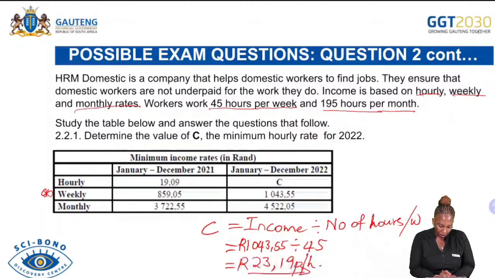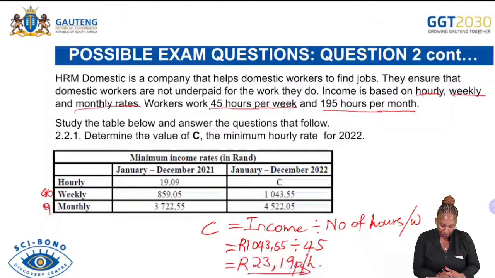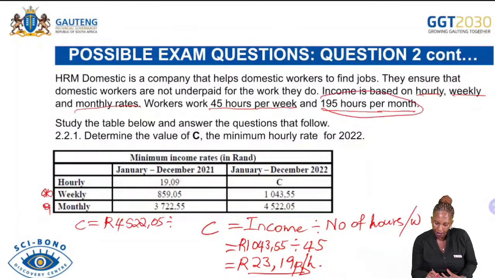Now let's use the monthly one, and see if we can still get the very same amount. If we use the monthly one, we can say C is equal to the income. I want to rewrite it. It will be the income for 4,522 rand 5 cents, and then we divide it by the number of hours per month, which is 195.